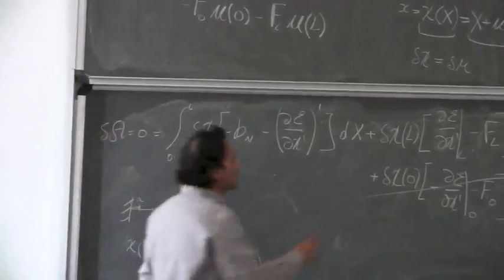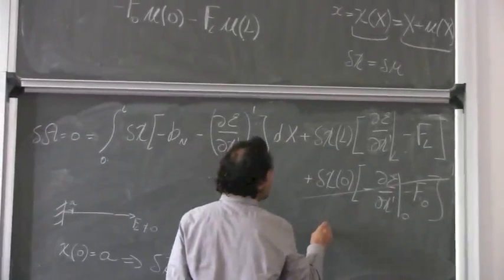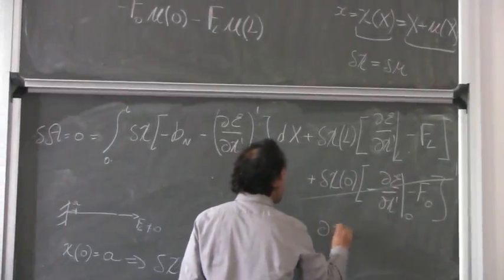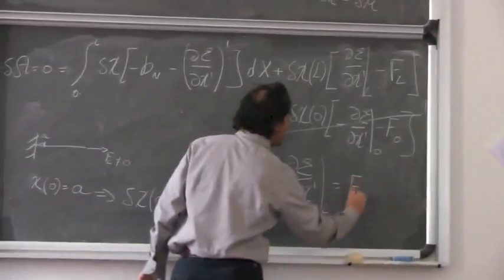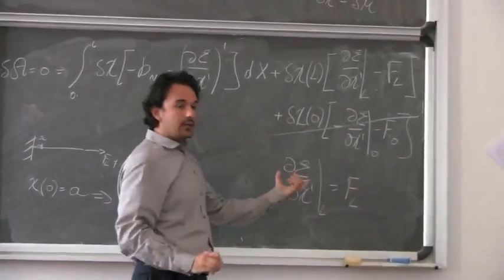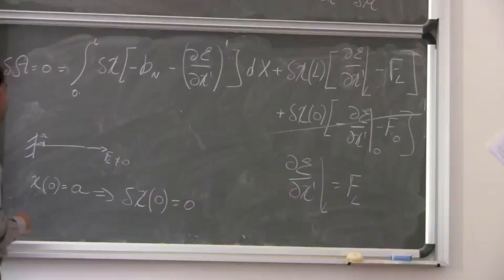So the only way to get rid of this part is to say that the derivative of epsilon with respect to t prime at L is equal to FL. So we have a relation in L of this form.